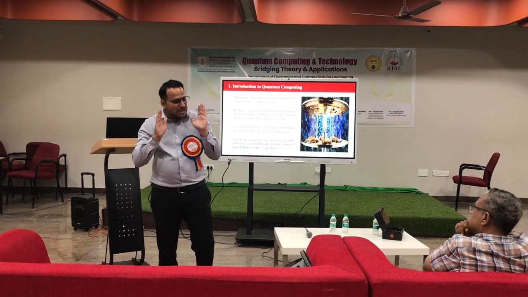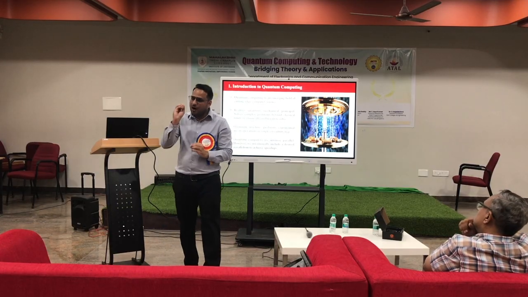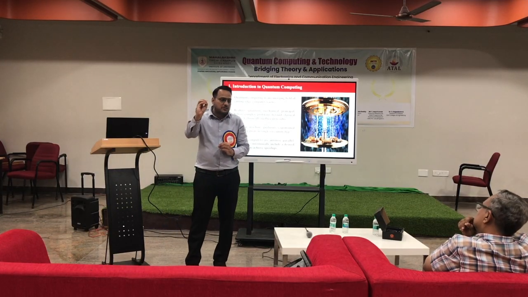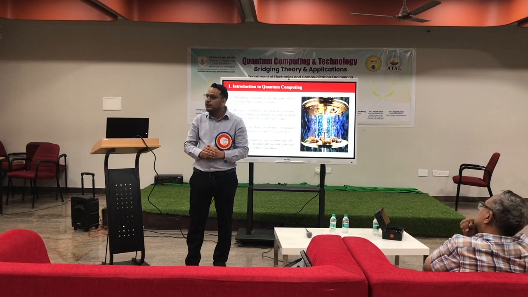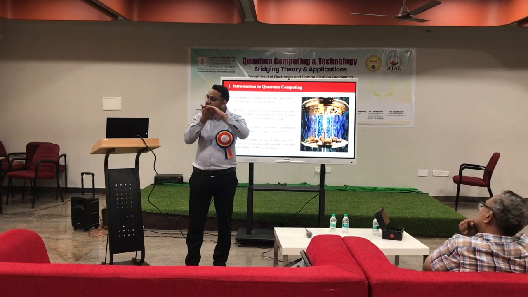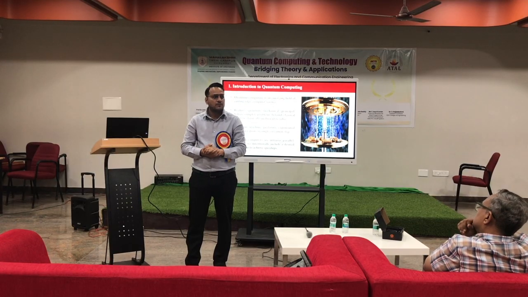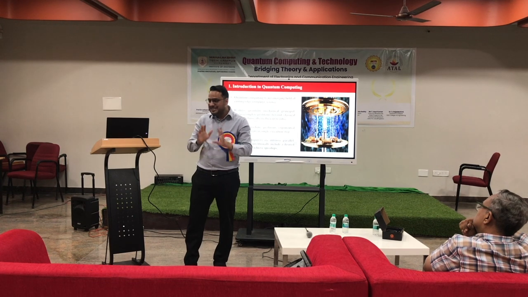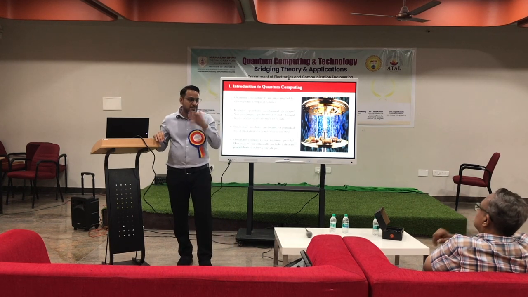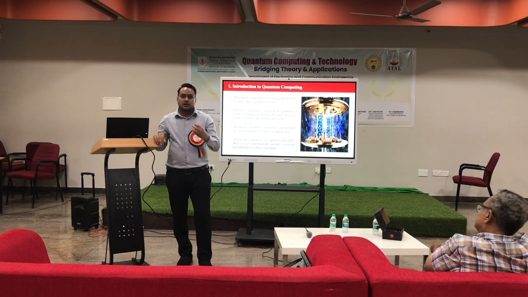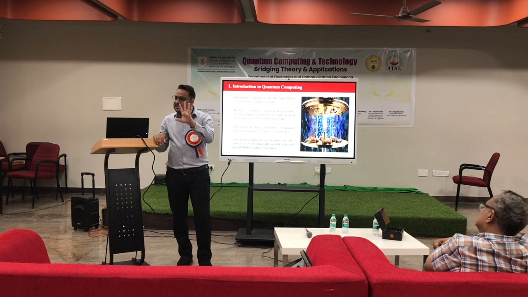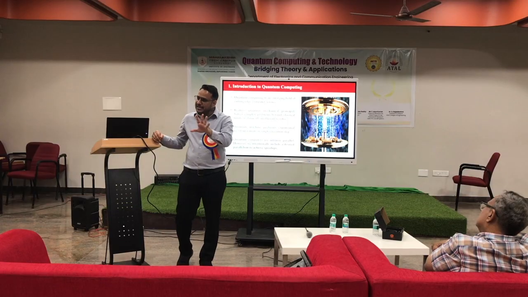So what is coming into our picture? Only with 32 quantum bits, you can explore the entire RAM at a time. What does it mean? Exponential possibilities can be covered in just a single step of execution. We cannot get the exact answer because the model is still probabilistic in nature.